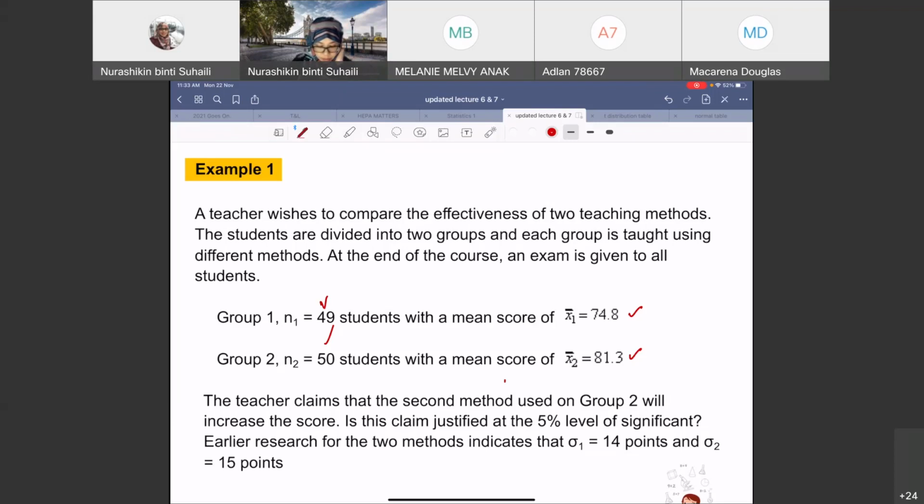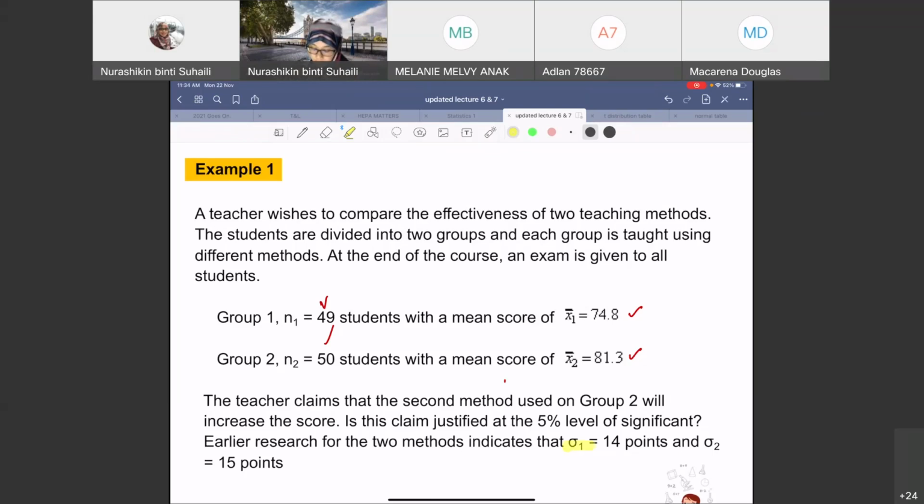Now what information are we provided with? You have to understand the problems, especially when you construct the hypothesis, in order to know what you are referring to. That's why you have to understand every problem specifically. In this case, we are comparing 2 groups that are given 2 different teaching methods.